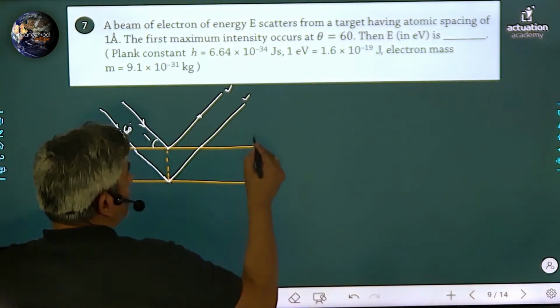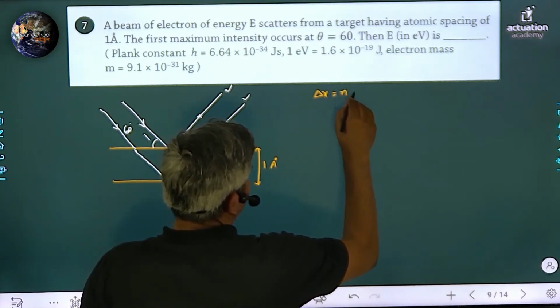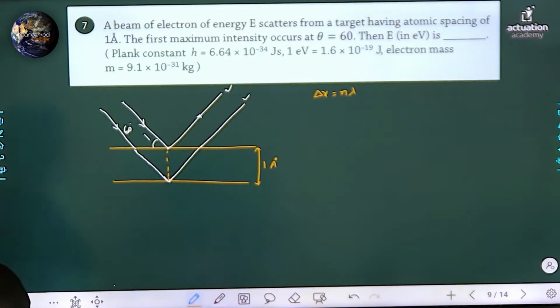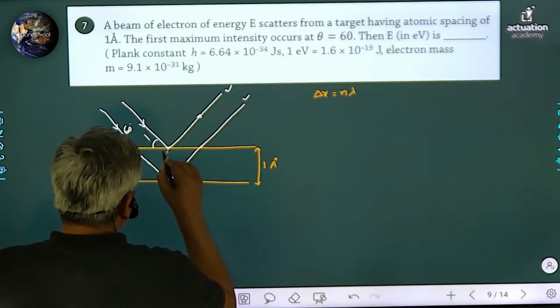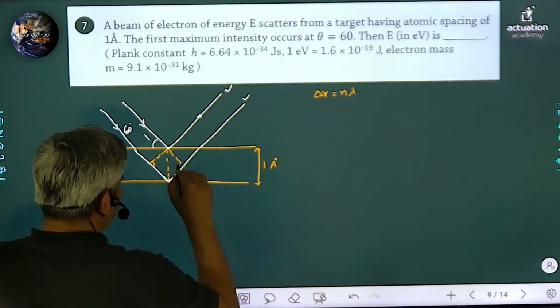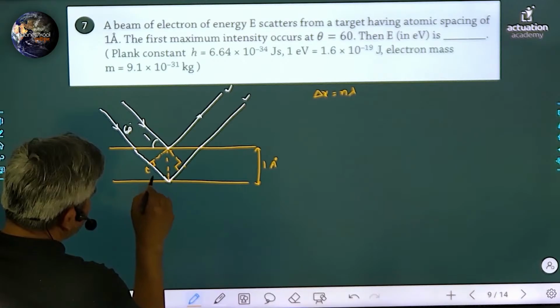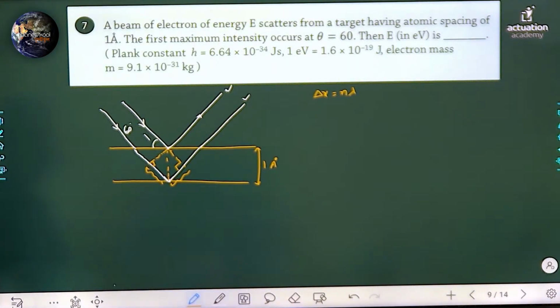We know the condition of maxima is delta x equal to n lambda, where delta x is the path difference between the two waves. So we can draw a simple perpendicular here, and a simple perpendicular here. This plus this is the path difference between the two waves.